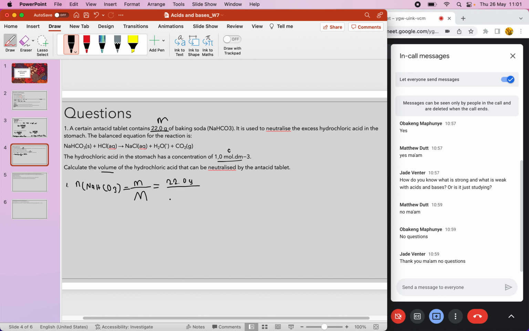Sodium is 23, hydrogen is 1, carbon is 12, plus 16 times 3, and you will get your molar mass to be 84.01, which gives us the number of moles to be 0.26 moles.